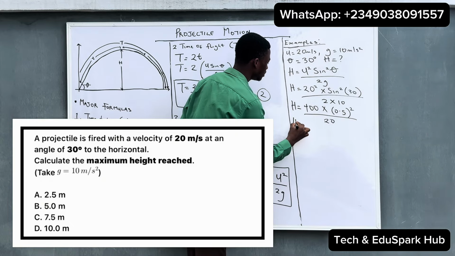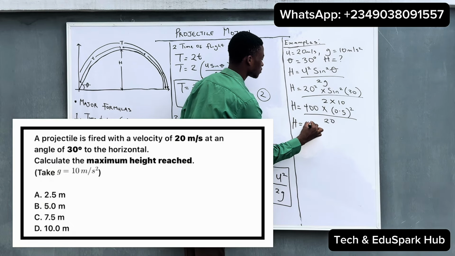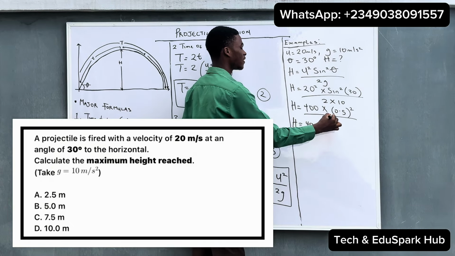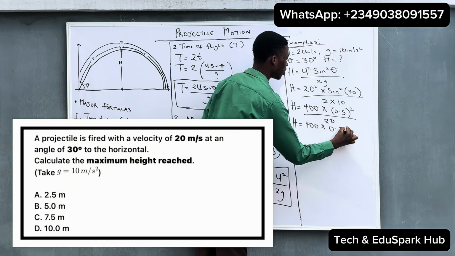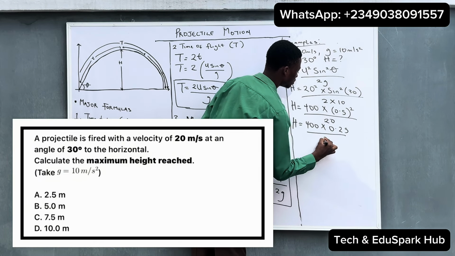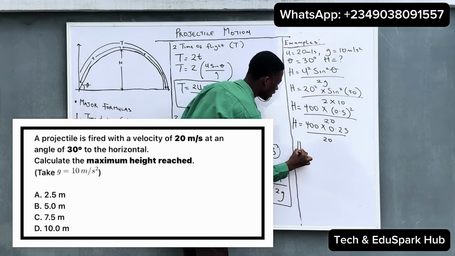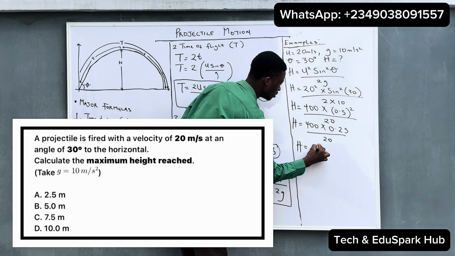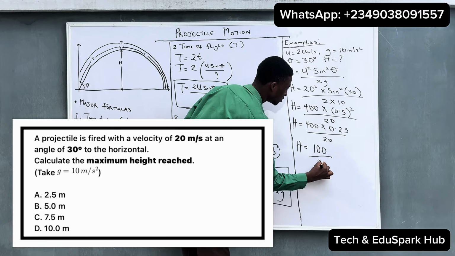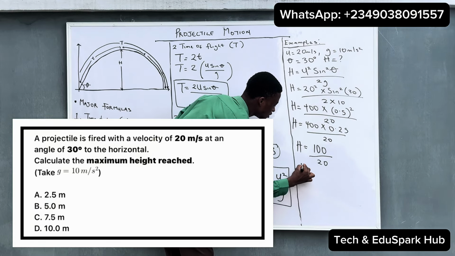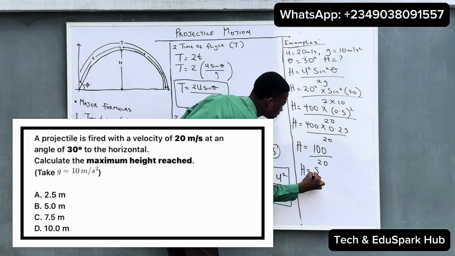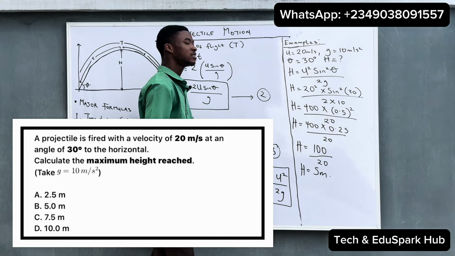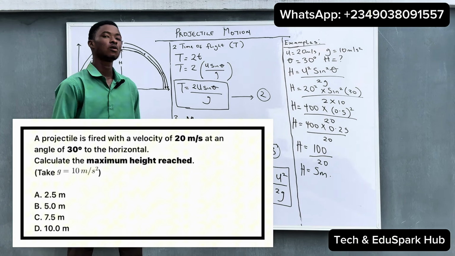So in this case, our h will be given as 400 multiplied by, what is 0.5 square? We have 0.25 divided by 20. So when you do this further, 400 multiplied by 0.25 will give you 100. So we have 100 divided by 20. And our h will be equal to 5 meters. And this is our final answer to questions of this type.